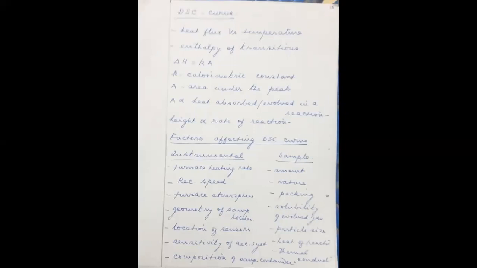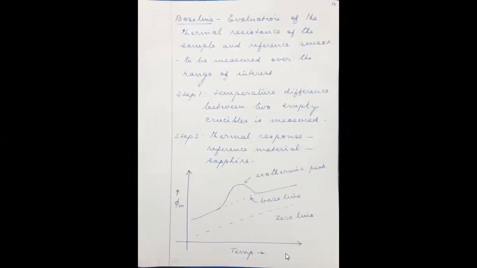Now, delta H, the enthalpy of transition, is directly proportional to the area under the peak. Look here, if you want to calculate delta H, what is the area under this curve? See, a peak is going there. This is the baseline. That area is proportional to the enthalpy change.